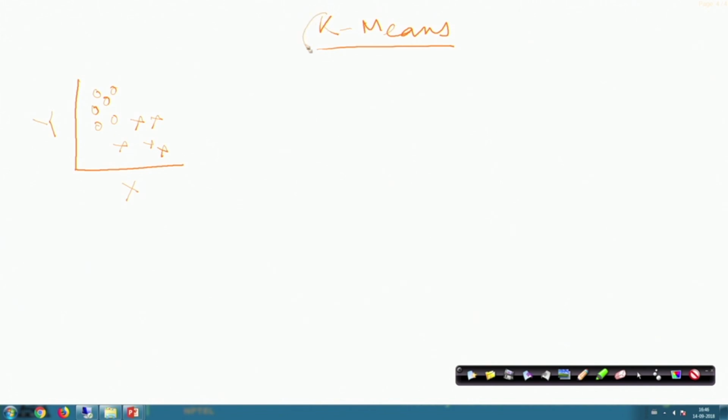So, k refers to any integer. So, let us say that we will talk about the 2-means algorithm. So, 2-means would mean that we are talking about 2 clusters, 2 centroids. So, we will start with 2 centroids, which will be initially like the anchors to start with, right. These are kind of anchors to start with, and so you randomly select these anchors, the points, and then you proceed further.